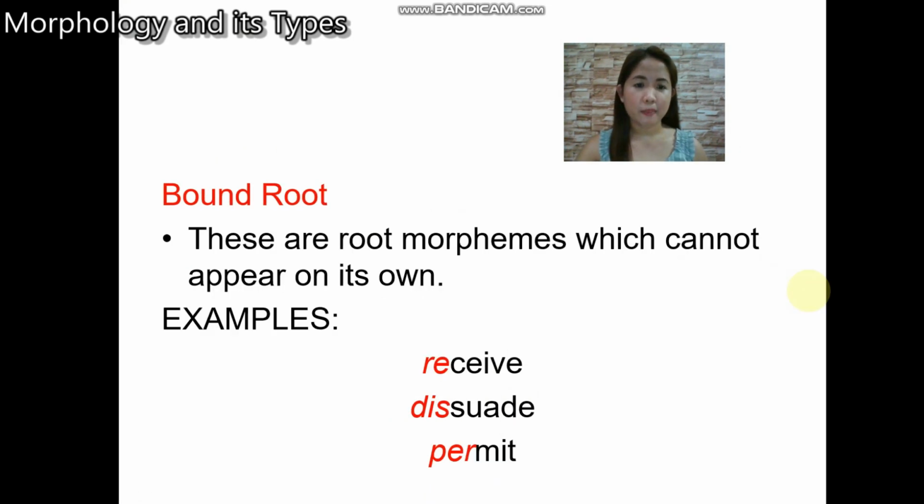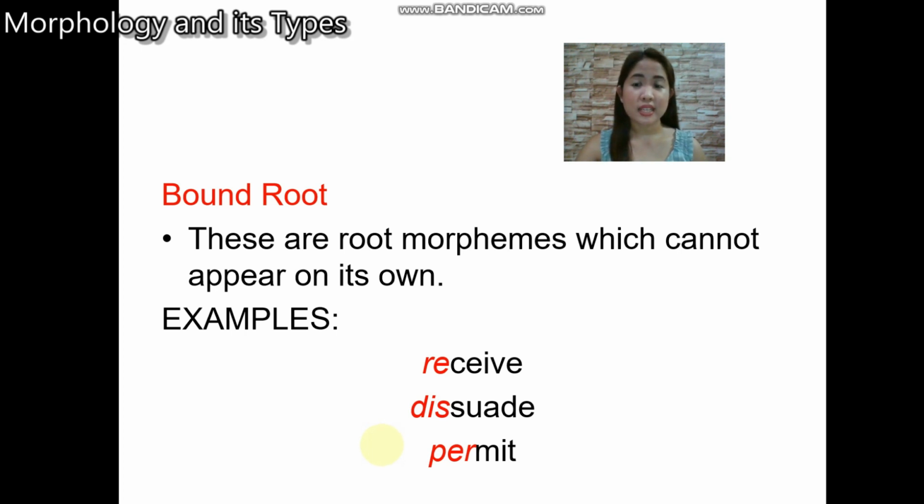Next, we have the bound root. Bound roots are root morphemes which cannot appear on their own. Let's have these examples. Re in the word receive, or even perceive, deceive, conceive. Dis in the word dissuade. Per in the word permit.